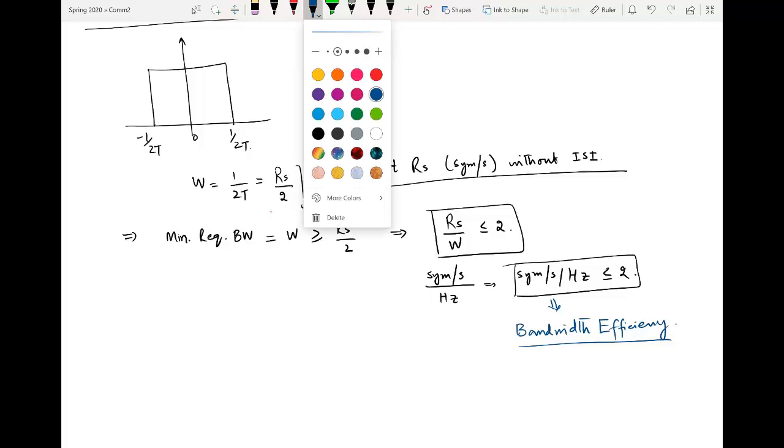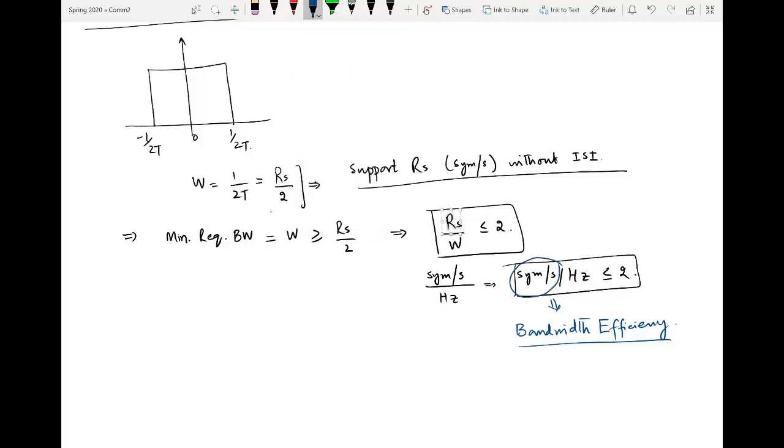The first part, which is symbols per second, is the data rate. You can also convert it into bits per second. They are very much similar in most of the cases. And this one is bandwidth. So what you are actually finding is how much data rate we can support per unit bandwidth. So bandwidth efficiency is quantitatively described as the data rate per unit bandwidth.